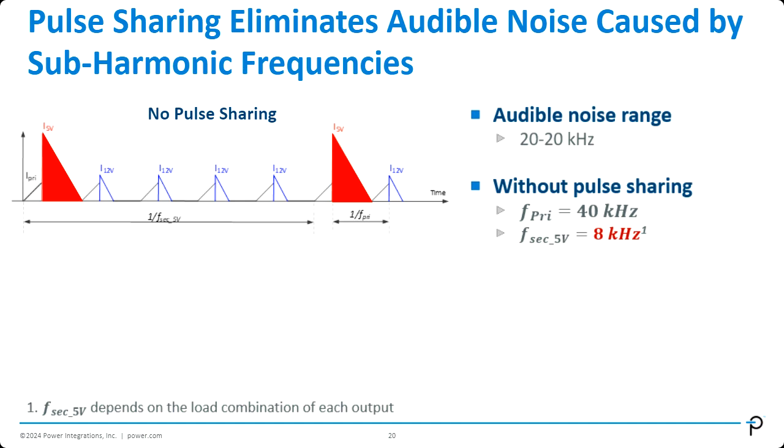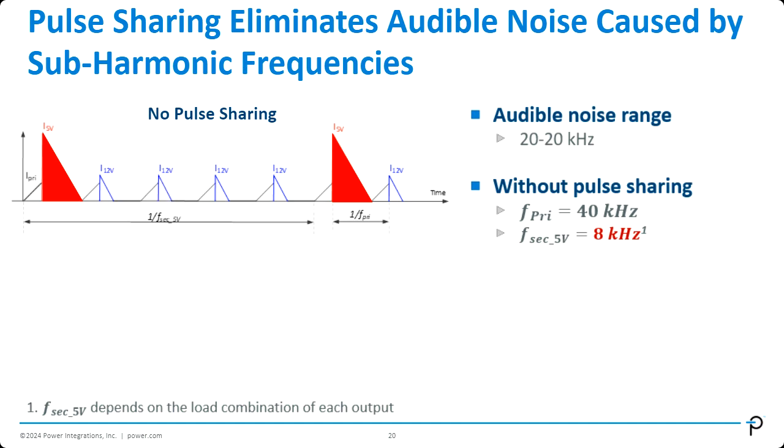So over here, under a certain loading condition, for the first switching cycle, the current is being discharged to the 5-volt output. But then for the next consecutive 4 switching cycles, all of the energy is actually being delivered to only the 12-volt.